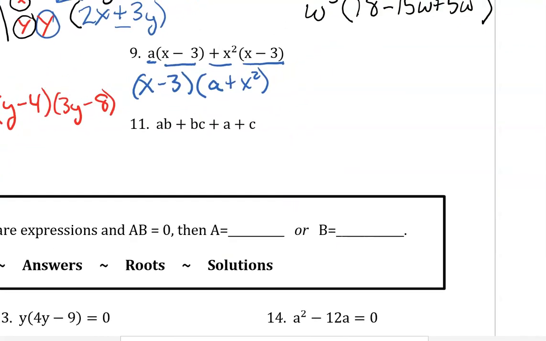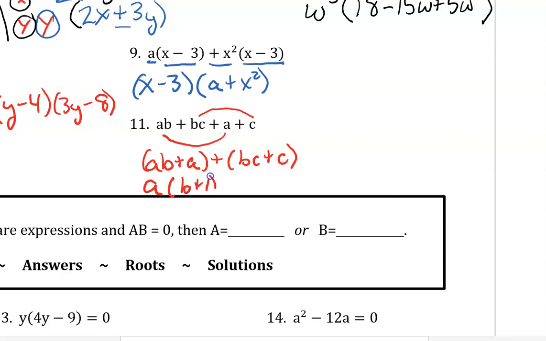In this expression, I want to get the terms with a c in common together, the terms with an a in common together. So I would rewrite this as ab plus a plus bc plus c. In the first expression, I can factor out an a. This becomes a times b plus 1.